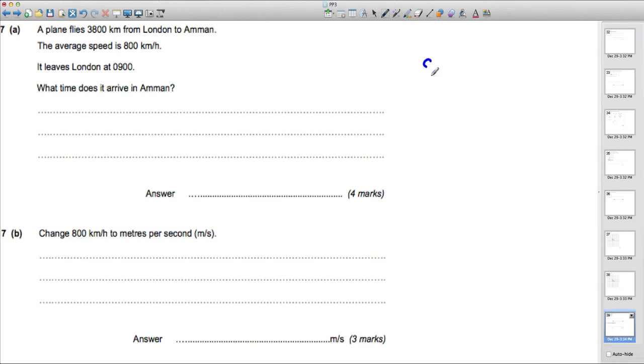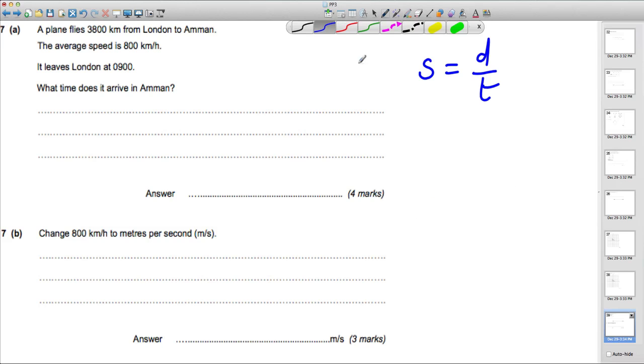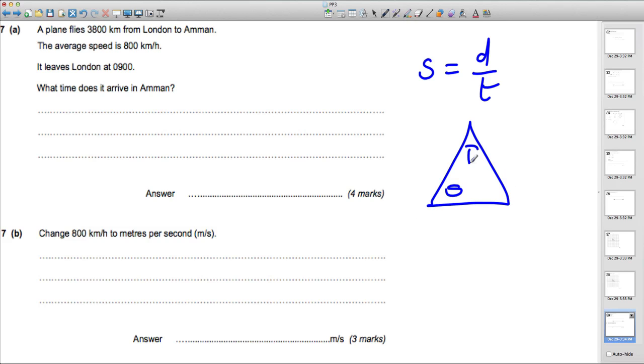So you need to know that speed is equal to distance over time, or from science, the speed, distance, time triangle. If you want to work out time, it's distance over speed, or rearrange this formula. So time is distance over speed, write down your formula.